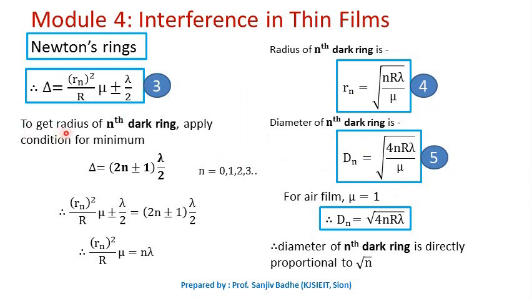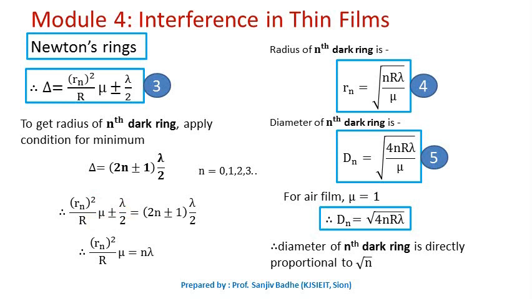In order to get the relation for radius of nth dark ring, let us apply the condition for minimum. Condition for minimum is optical path difference is odd integral multiple of lambda by 2. That is, optical path difference is (2n plus or minus 1) lambda by 2, where n is equal to 0, 1, 2, 3 and so on. Optical path difference obtained in relation number 3 is Rn square upon R mu plus or minus lambda by 2.